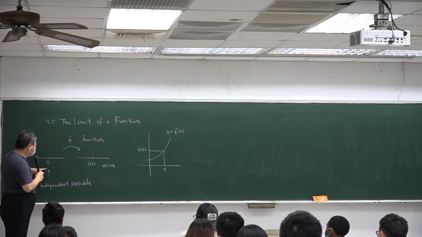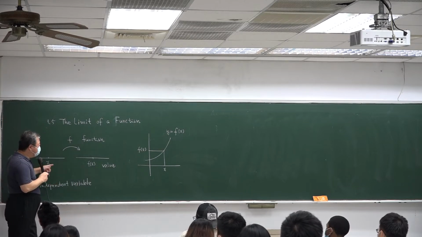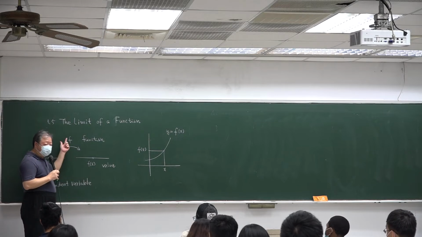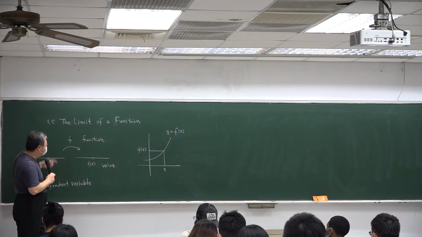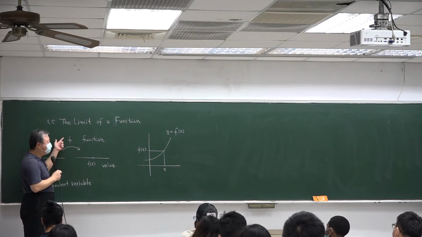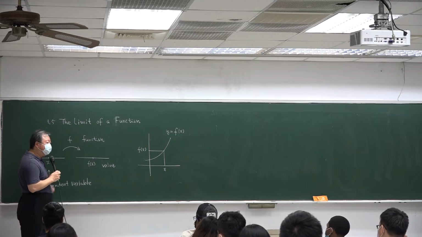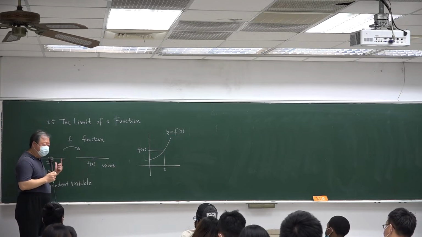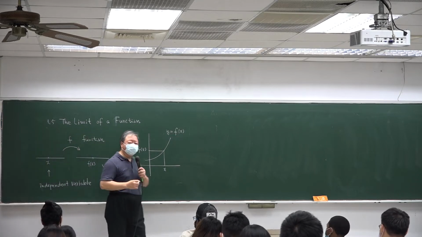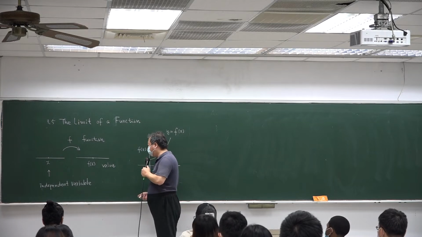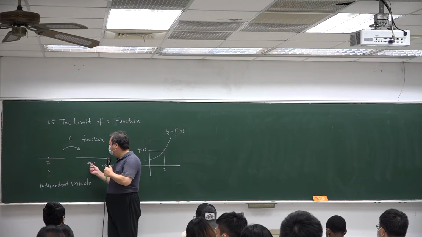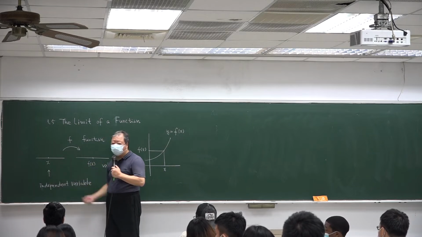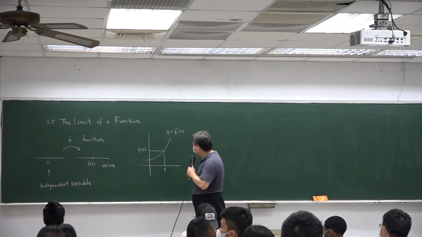So usually x is a number, f of x is a number, and f is a set object. This object is a rule combining two numbers, ordered pairs. When x is given, one and only one number corresponds to it.